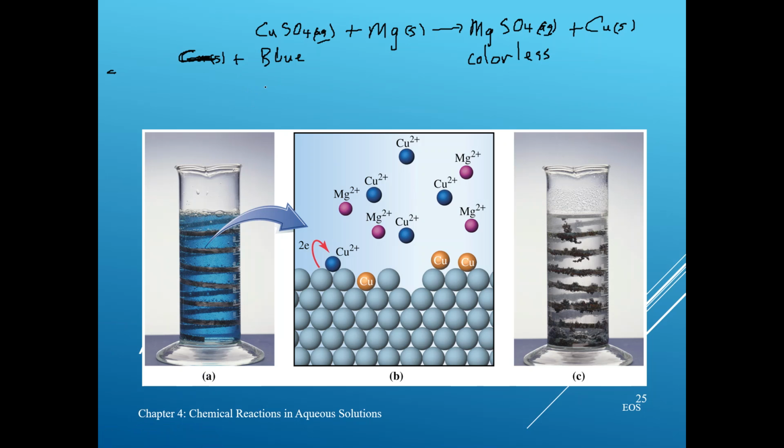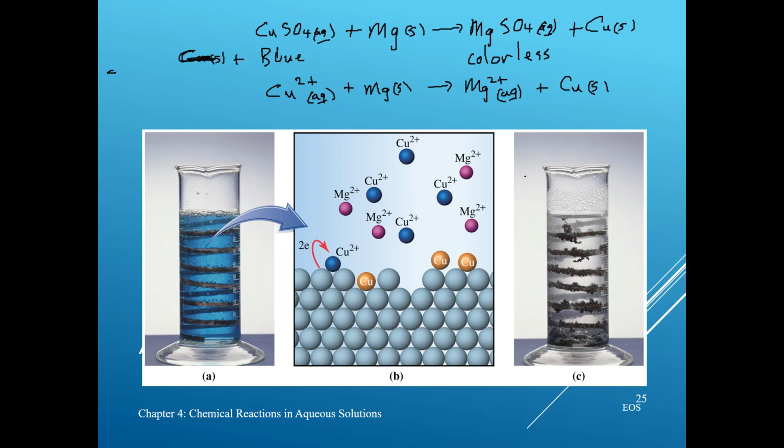I'm just going to write down the final result, which would be Cu2+ aqueous, and the state symbols are very important. Do not neglect to include the state symbols, plus magnesium solid to give Mg2+ aqueous plus Cu solid, all right?